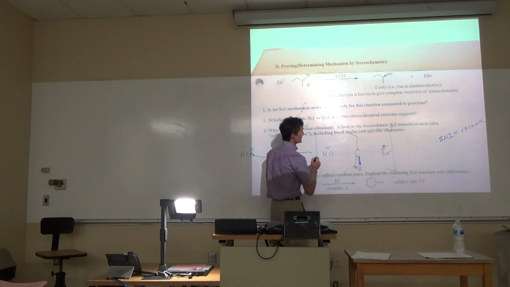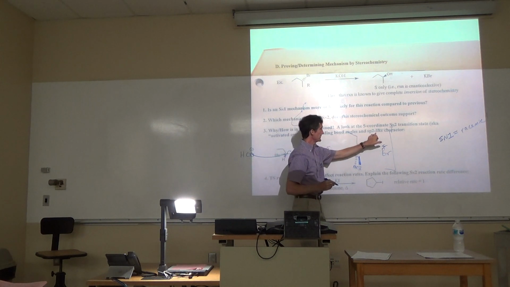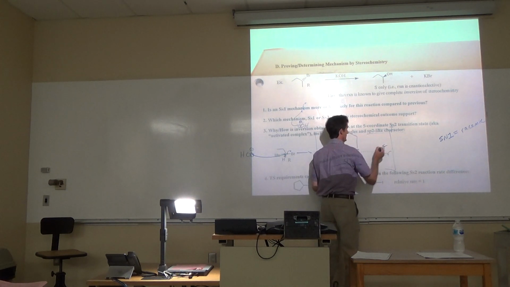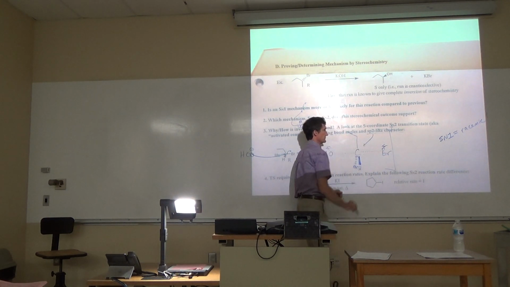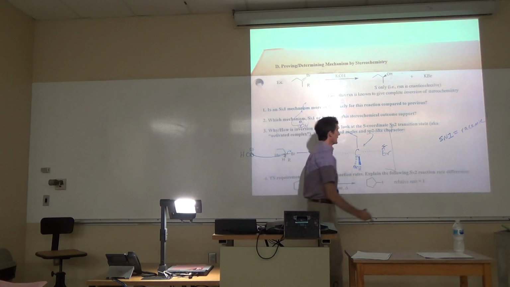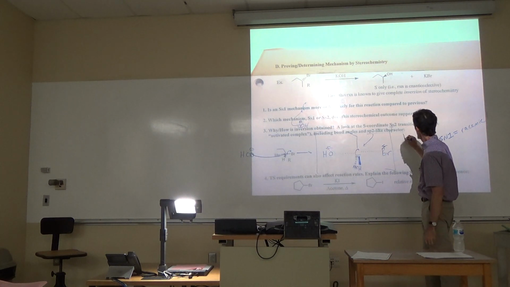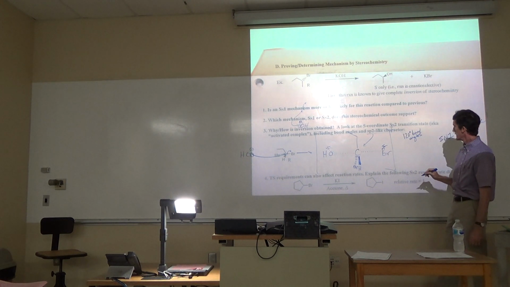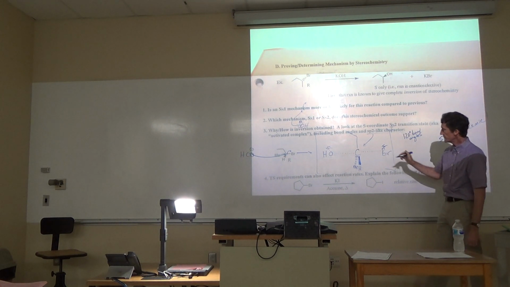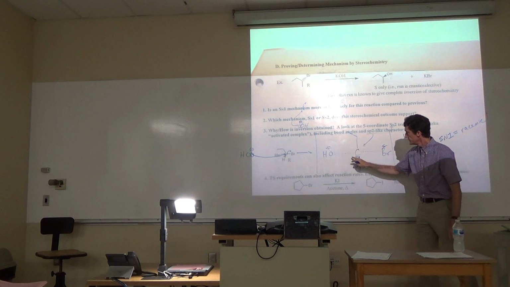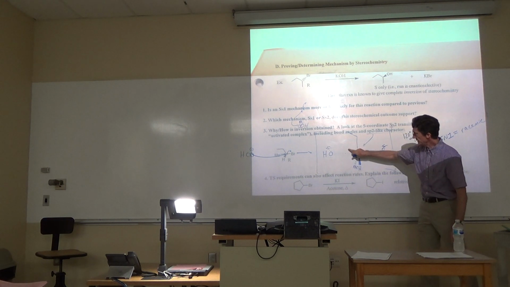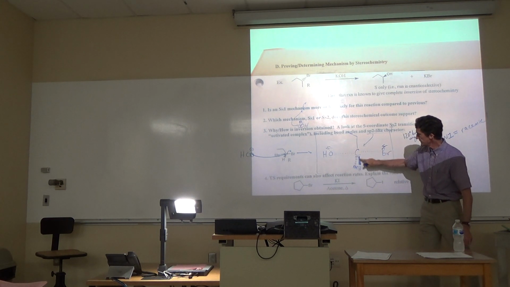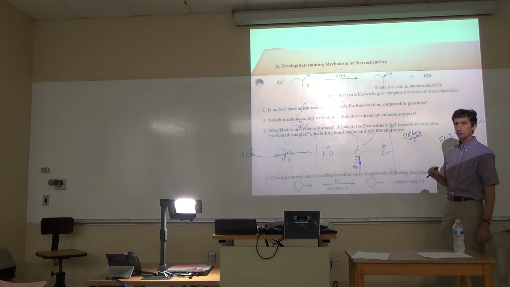This is an sp2-like character, with bond angles of 120 degrees between the three groups. Not here, that's a 90 degree bond angle. But between these three groups, it's 120.